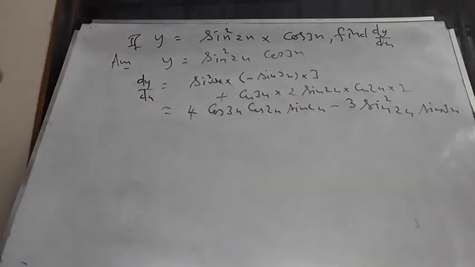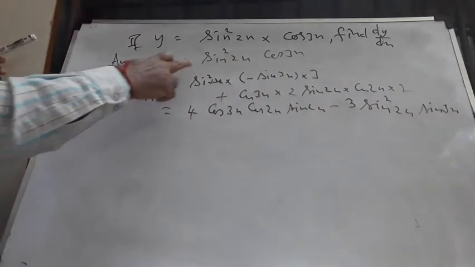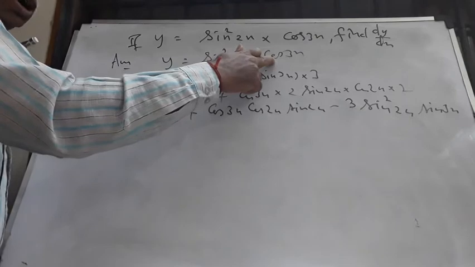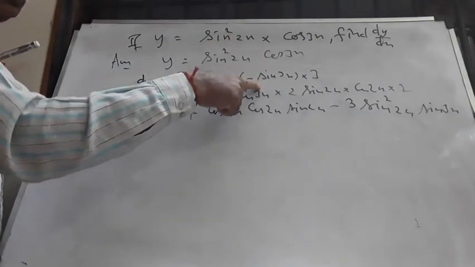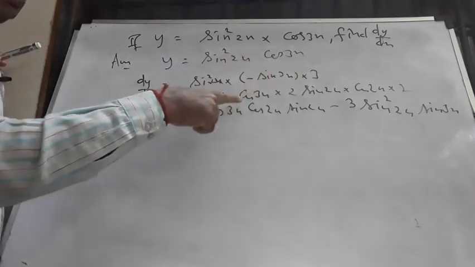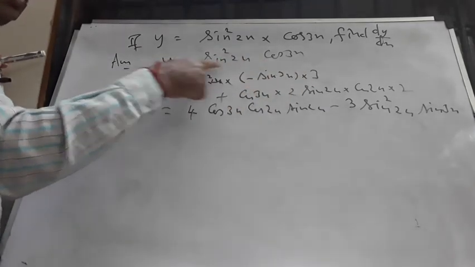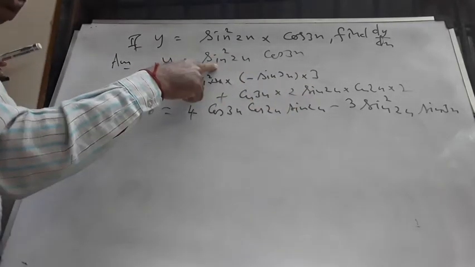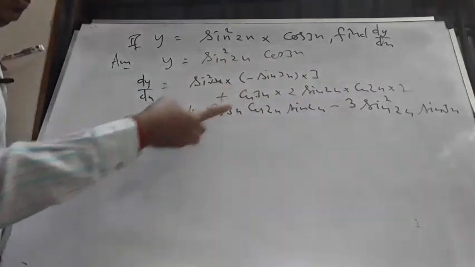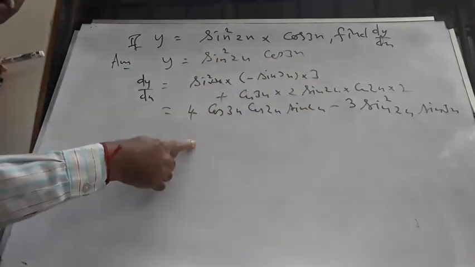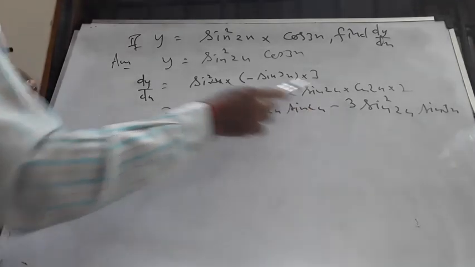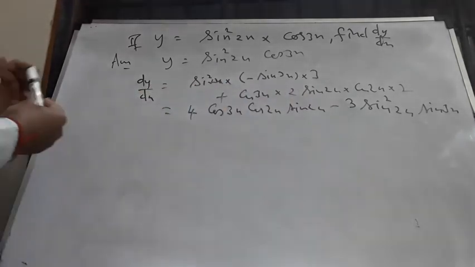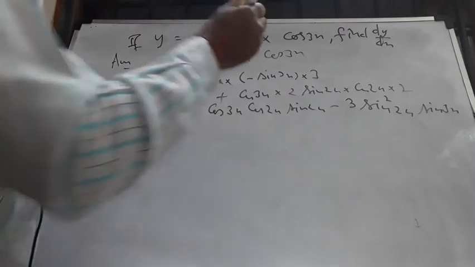Let me check once again. If y is equal to sine square 2x into cos 3x, dy by dx is sine square 2x into derivative of cos, which is minus sine 3x into 3, plus cos 3x into, for sine square it is 2 sine 2x, for sine it is cos 2x into 2. I am writing the positive quantity at the beginning. Now 4 cos 3x cos 2x sine 2x minus 3 sine square 2x into sine 3x is the final answer.